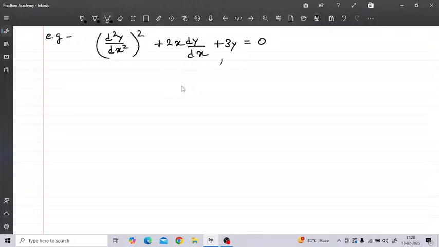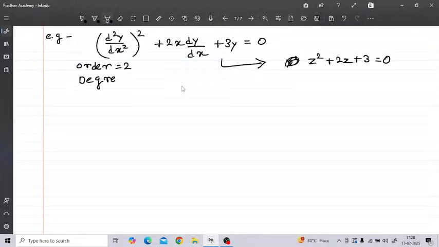Like I can imagine it as a polynomial of this y squared. Let's consider another alphabet, say z squared plus 2z plus 3 is equal to 0. So it is a polynomial of derivatives. So I can easily define the degree, that order is 2 and degree is also 2, the power of the highest order derivative.